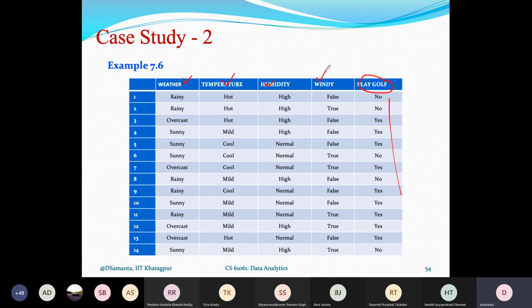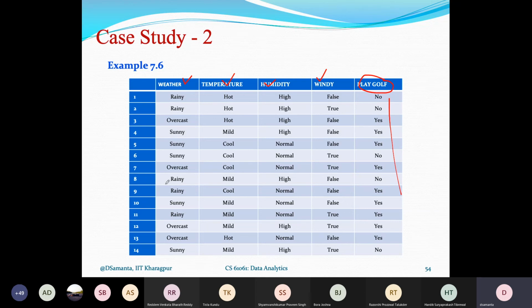So there are 4 attributes, and for weather, rainy, overcast, sunny, these are the only 3 different values. For temperature, hot, mild, cold. For humidity, high, normal, these are the only 2. And then windy, false or true, only binary attributes are there.